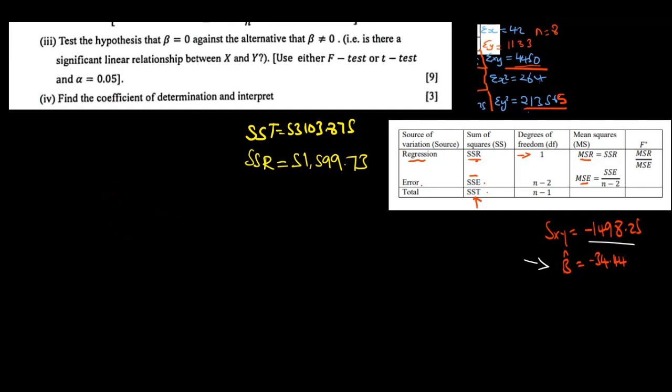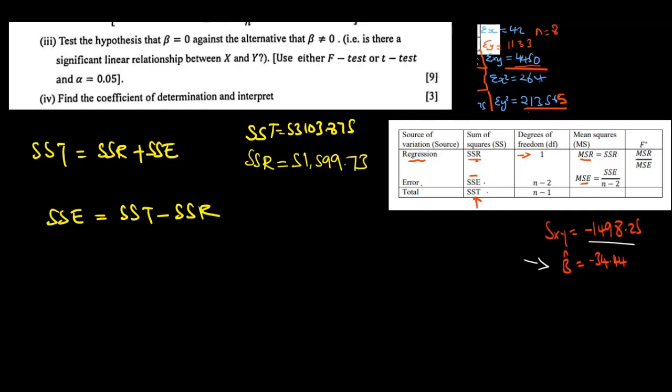Okay, and then from there we are going to find our SSE. Remember we said our SST was just a summation of our SSR plus our SSE. So it means our SSE will just be equal to SST minus SSR.